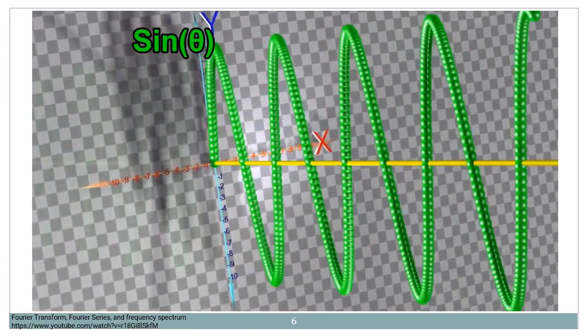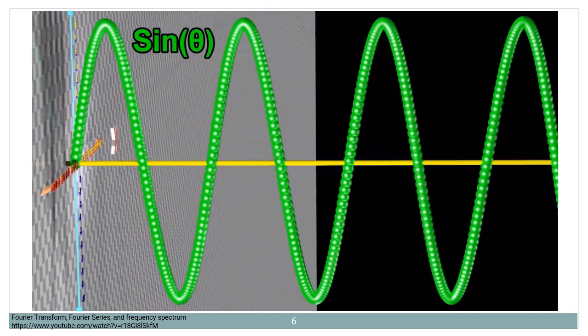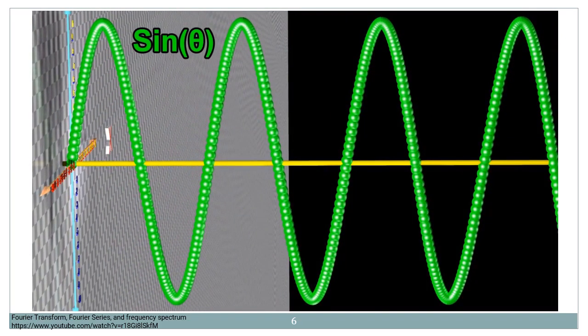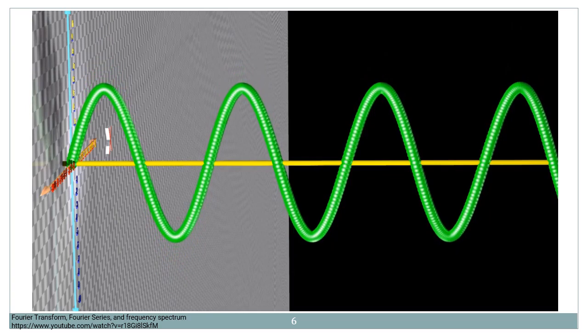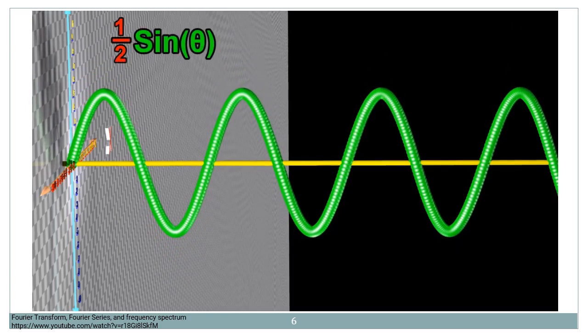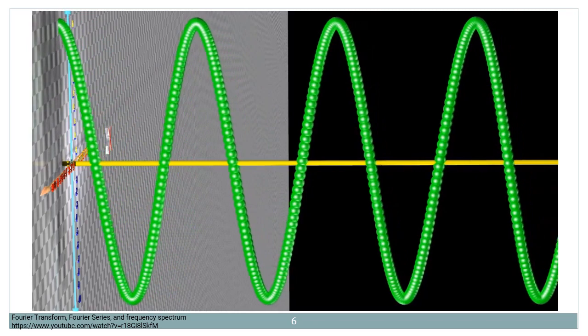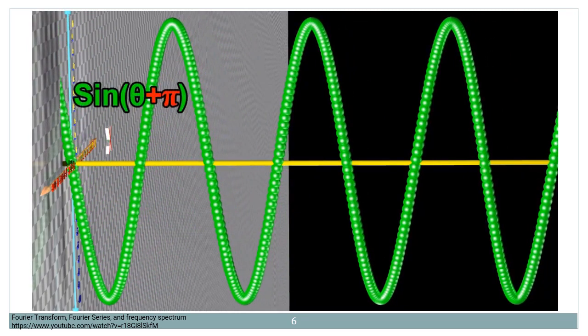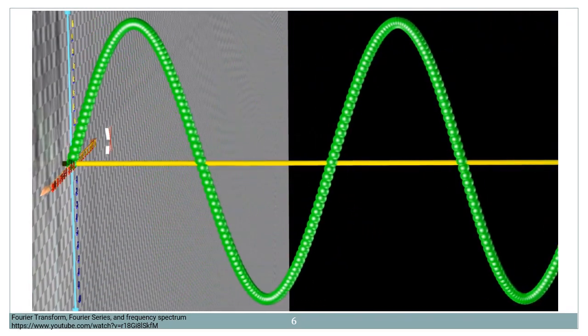This two-dimensional pattern is what we refer to as a sine wave. We can change the sine wave's amplitude, phase, and frequency.